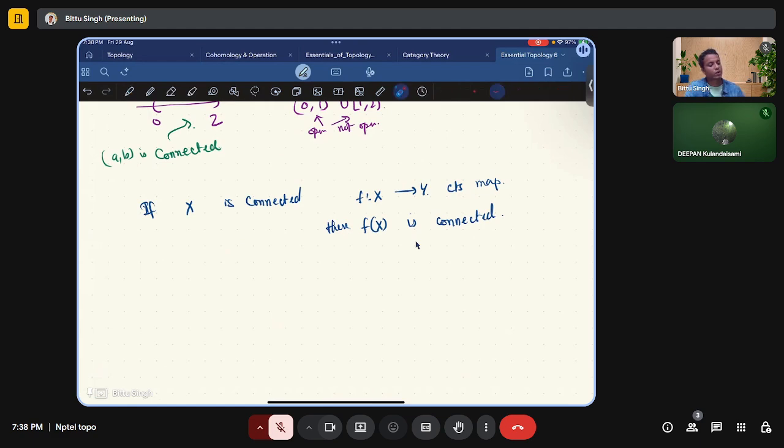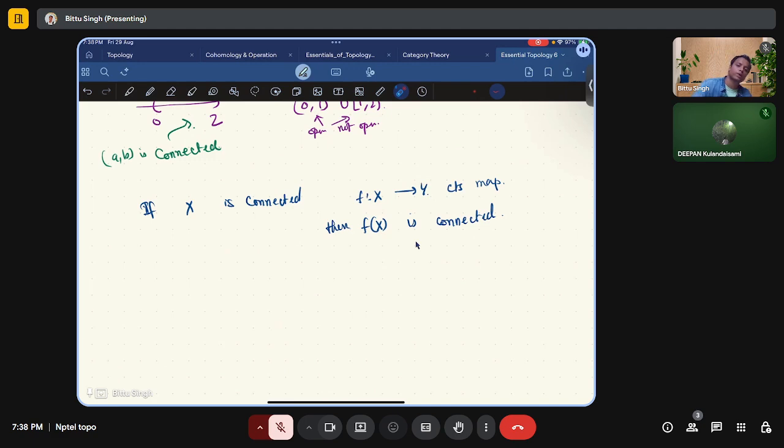So that is why, in particular, if f is a homeomorphism, then the image f(X), since a bijection is onto, is the same as Y. So X connected will imply Y is connected.